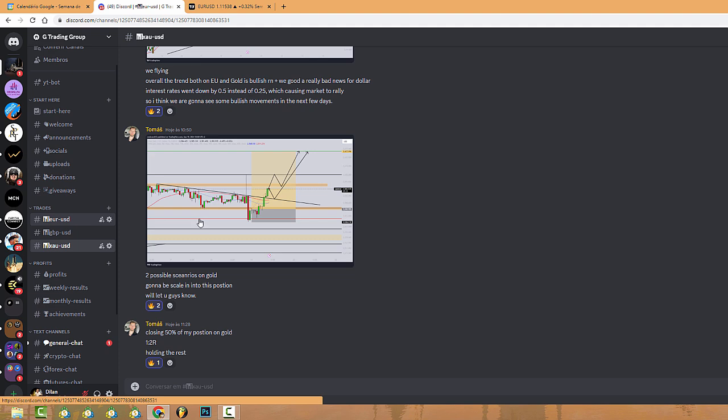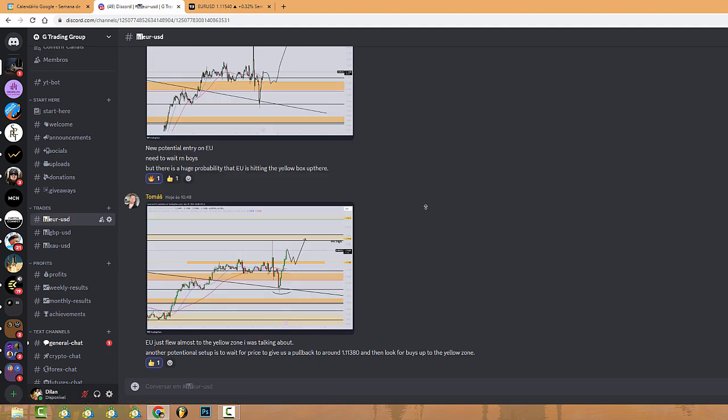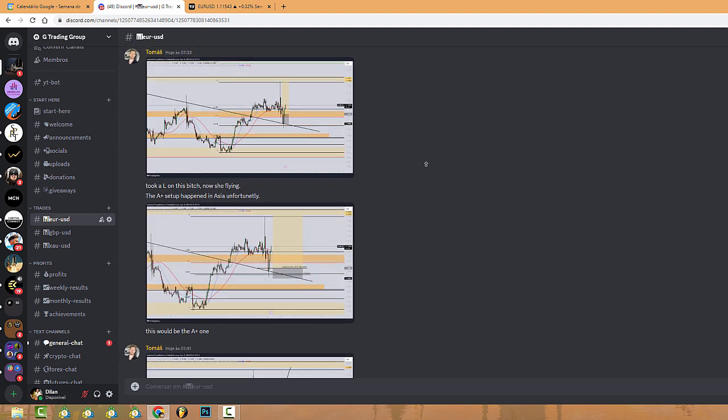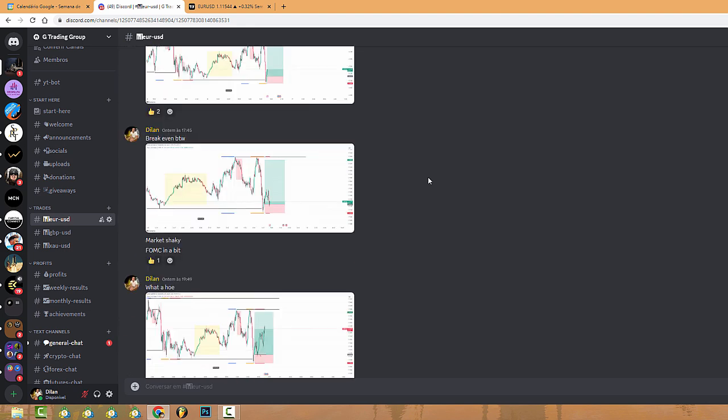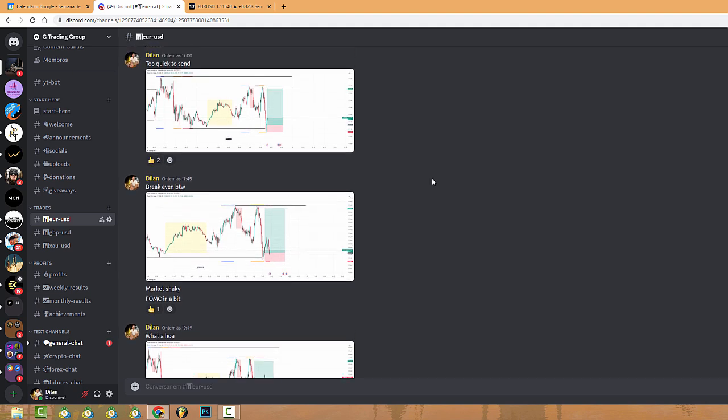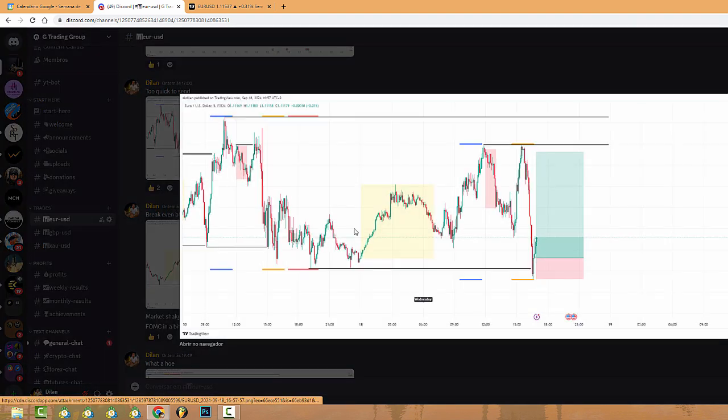If you go to EU, I actually got stopped out at break even because this decided to move lower. But as you can see on my charts, we broke the lows here, we still break the lows. There's a double top.